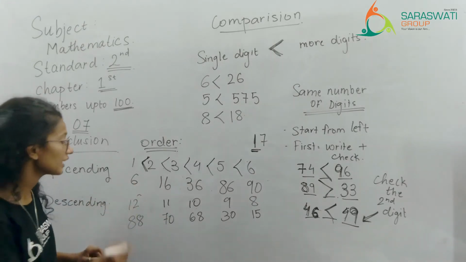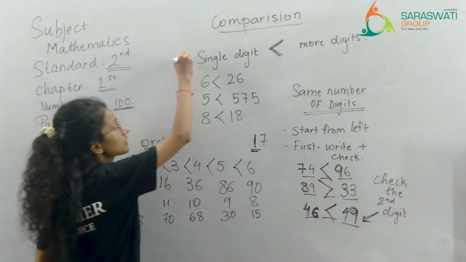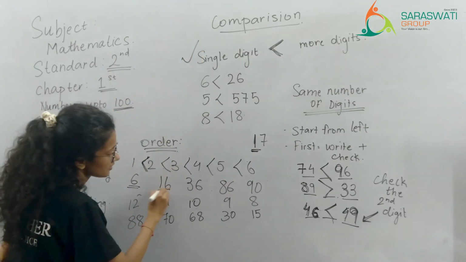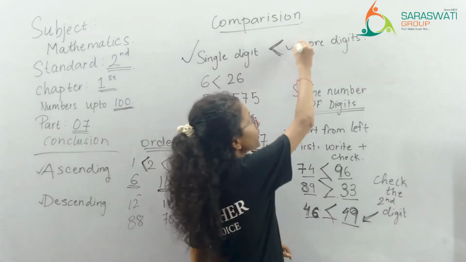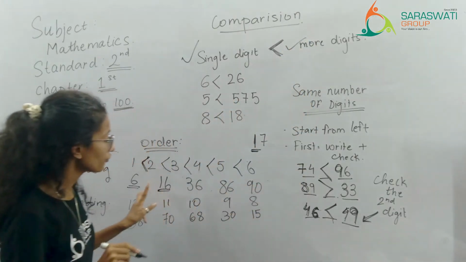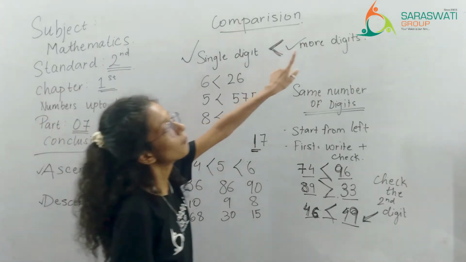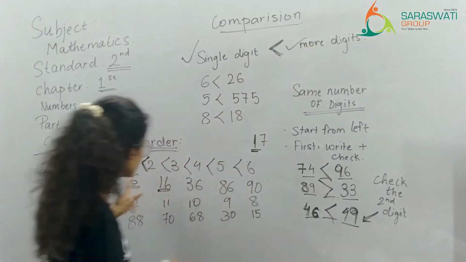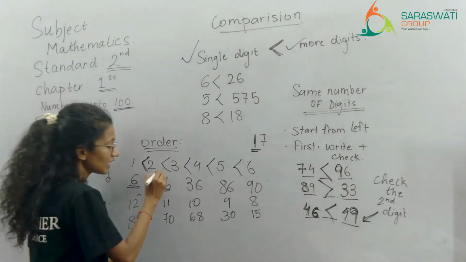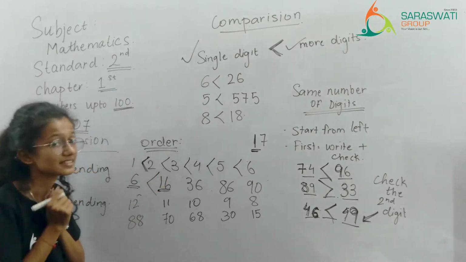Now we have seen this is a single digit number and this is a more digits number. So from 6 and 16, which one would be greater? More digit numbers. So 16 would be the greater and alligator will eat 16.